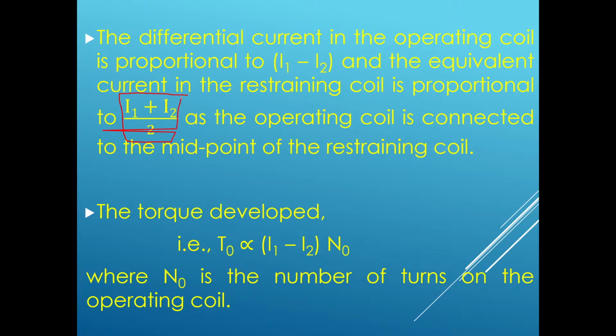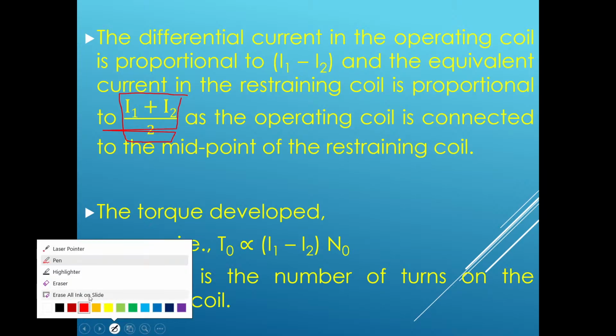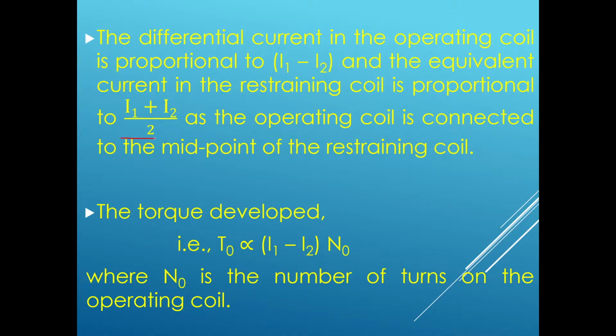So the current flowing through the restraining coil is I1 plus I2 by 2, and the current flowing through the operating coil is I1 minus I2.